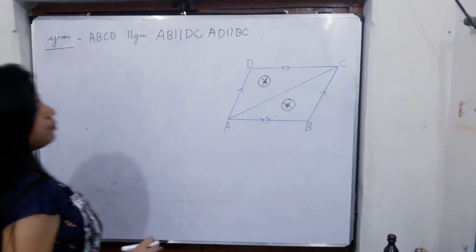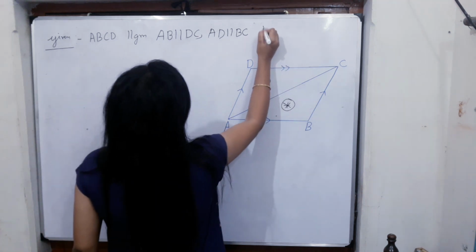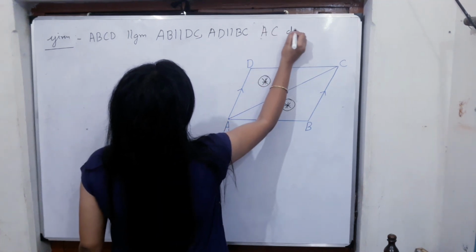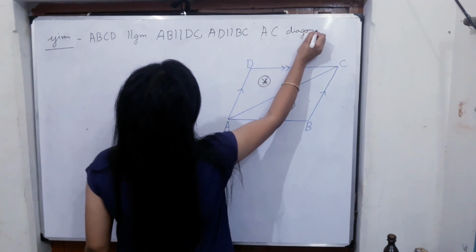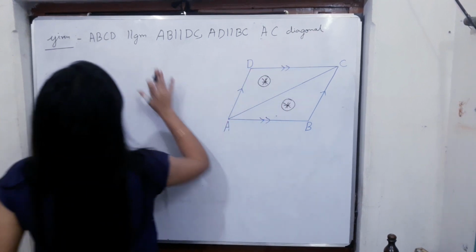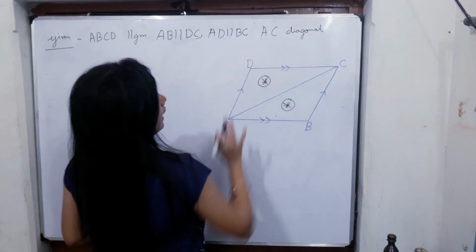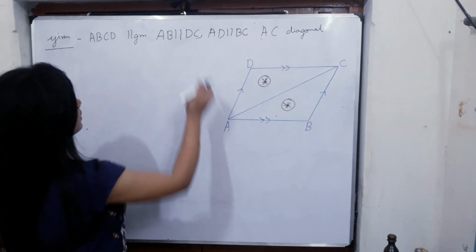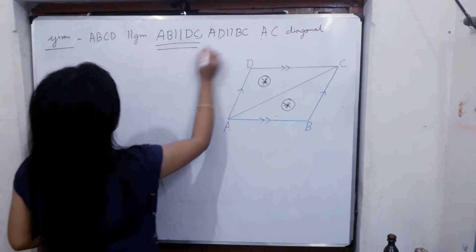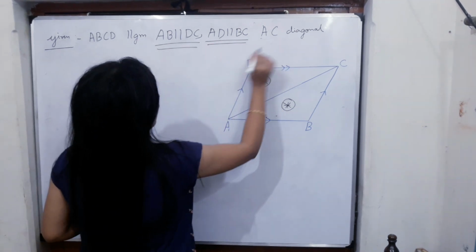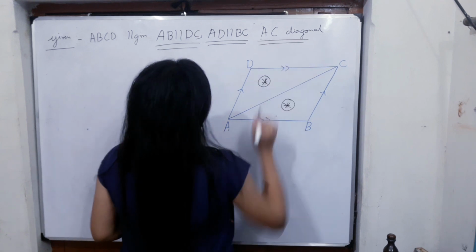And also we have to say that AC is the diagonal here. So what is given? Since ABCD is a parallelogram, that means AB parallel DC, AD parallel BC and AC is the diagonal.